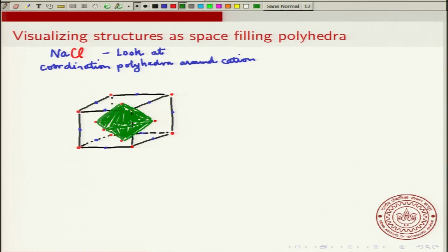Now what you can do is you can do this for all the other atoms. For example, you could do it for this sodium atom. Again you will see that you will have another octahedron. In this case, I have to extend the structure to this side and put an atom here. I have one that is in the center, and I will have one that is in the back plane.